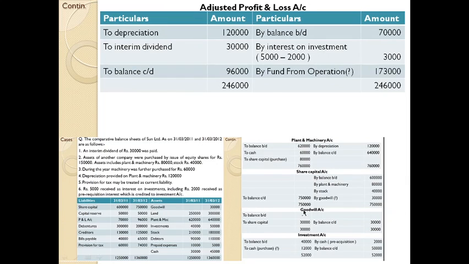If you just go through all these accounts, you can see that there is no such item mentioning P&L. That's why we have not mentioned this area while preparing adjusted profit and loss account. You may think that previously I mentioned that you have to go through these accounts and go through profit and loss account items. Since there is no information regarding any of the items that have to be transferred to profit and loss account, we have not mentioned this area while preparing adjusted profit and loss account.